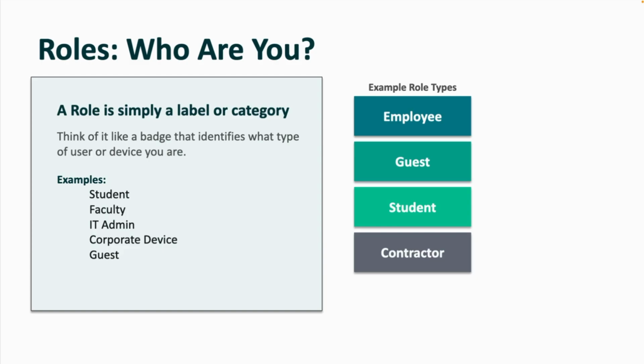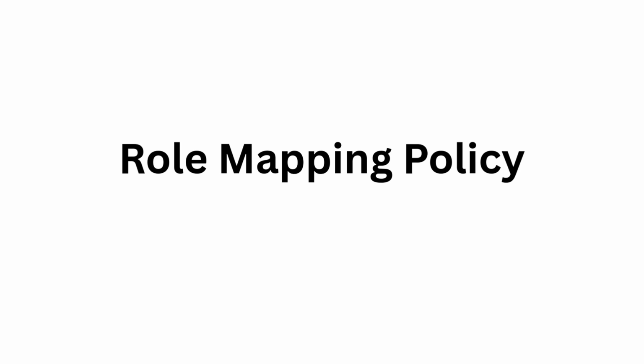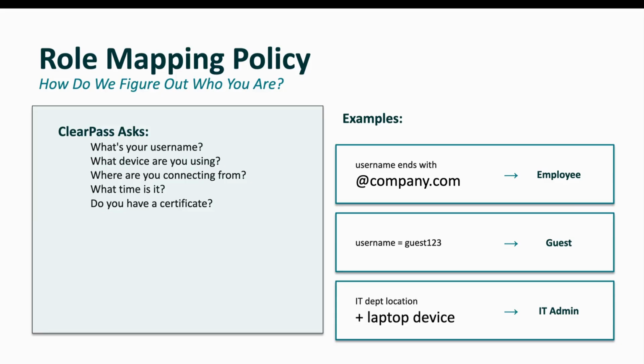The real work happens when we figure out which role to assign to each person. Role mapping policy. Now, how does ClearPass know which role to give someone? That is where the role mapping policy comes in.